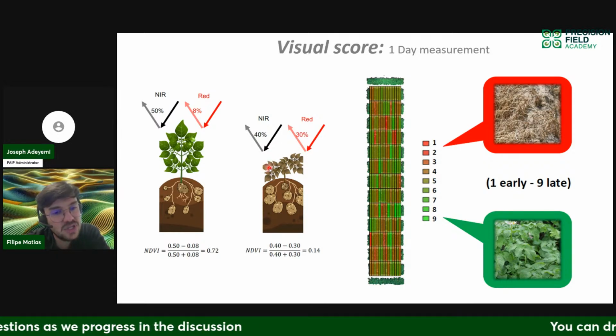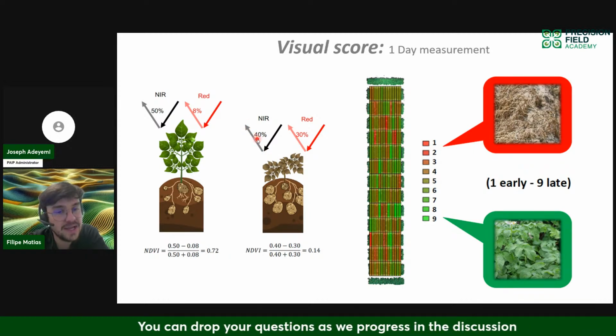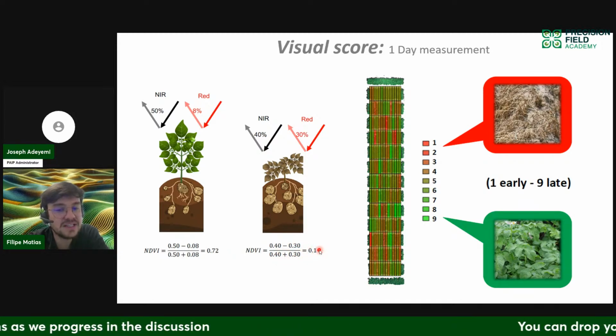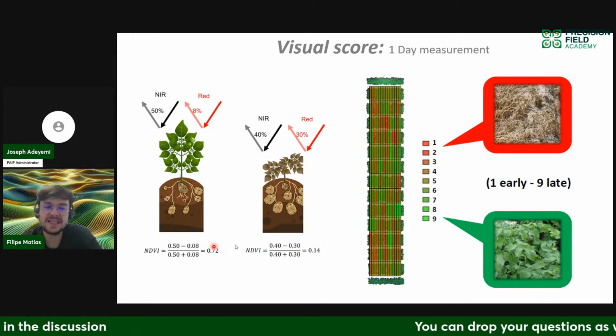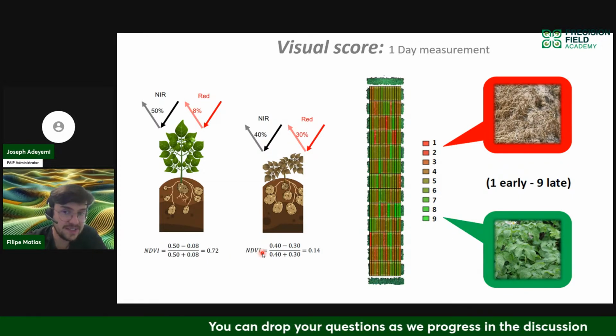Also the plant may have less water content, and that causes lower reflectance on the NIR. It's the opposite there, right? So we use that information to give us a number that has a biological meaning. In this case, it is highly related with greenness.